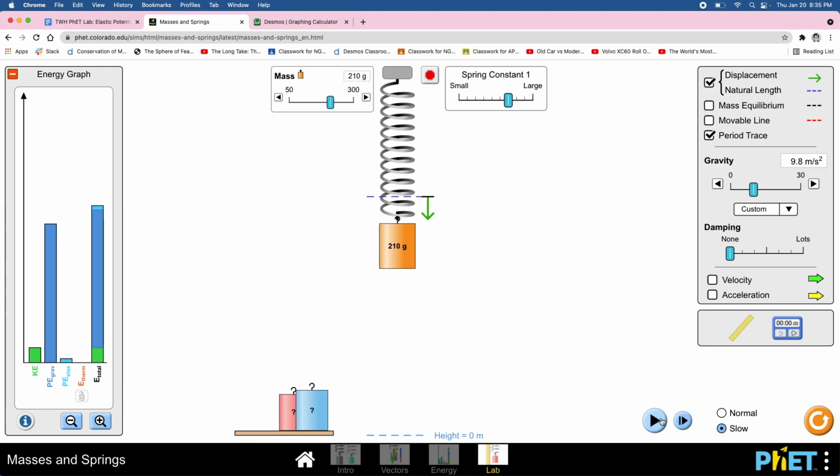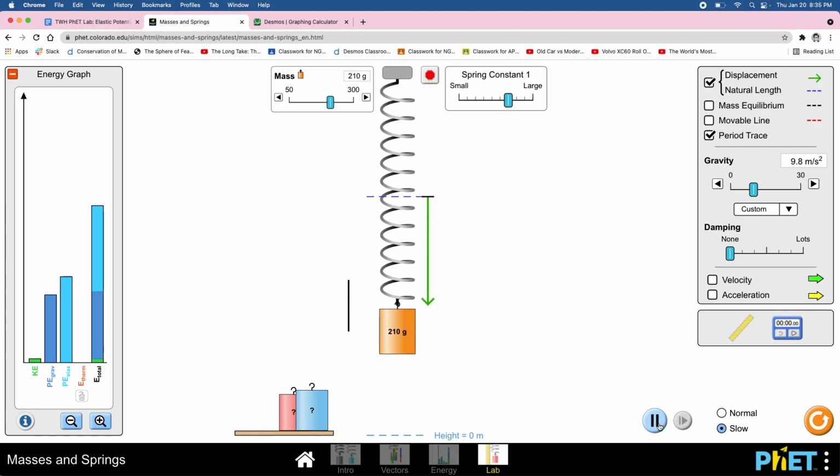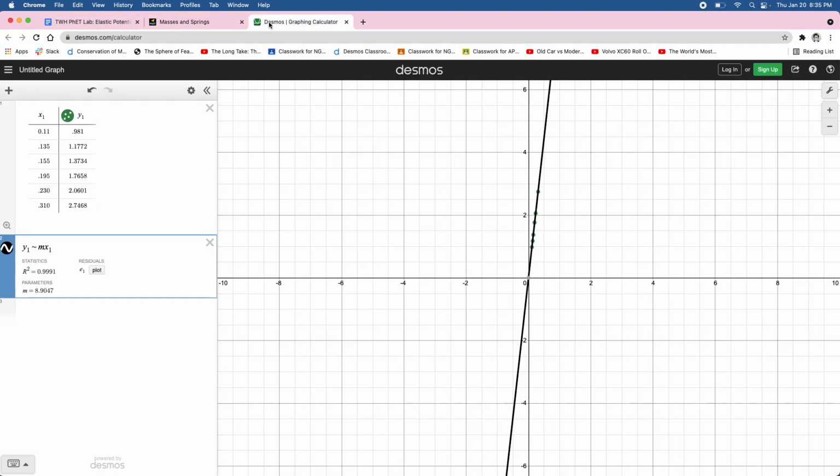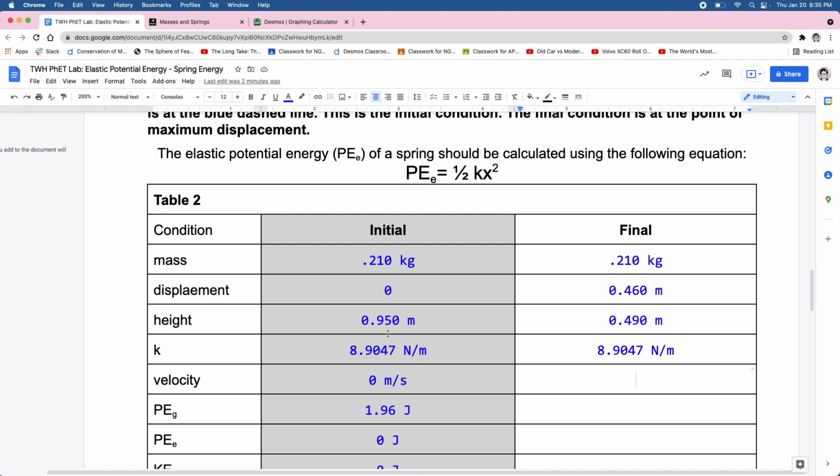As it continues to go down, its change in height is equal to this displacement. Its changing height is equal to the displacement of the mass. So the difference between the initial height and the final height is the displacement.